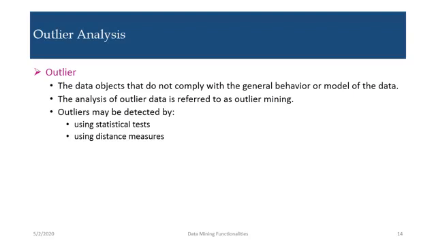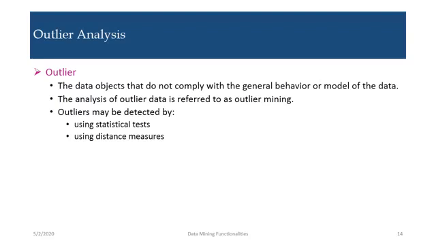Outliers may be detected by using statistical tests and distance measures. A statistical test assumes a probability distribution model for the data. So to check for outliers, we can use the probability method if we are using a statistical test.